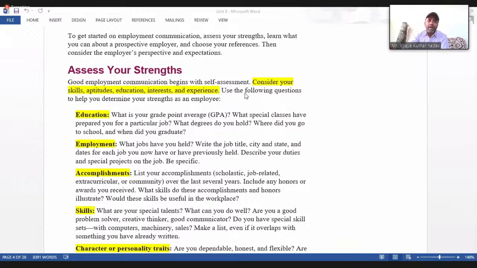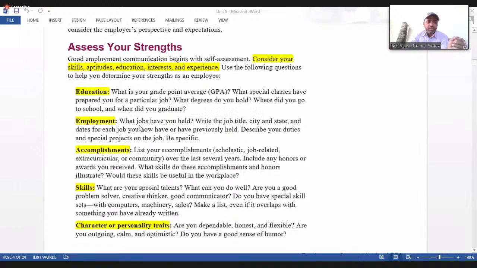So you have to evaluate yourself, and you can evaluate yourself on the basis of these points. The first point is education. So what is your grade point, GPA? What special classes have prepared you for a particular job? What kind of classes you have already taken that suit this job? What degrees do you hold? Where did you go to school? When did you graduate? So all these come in education.